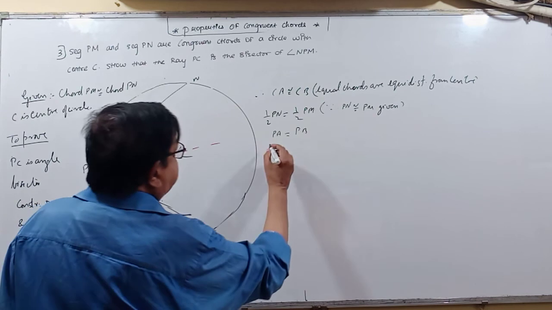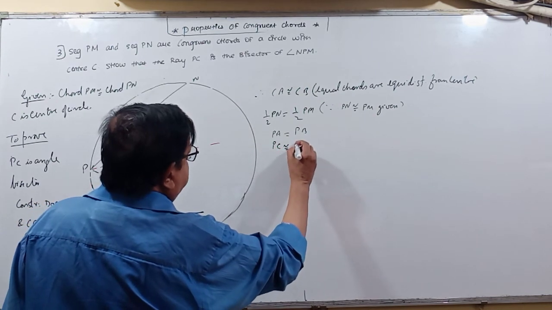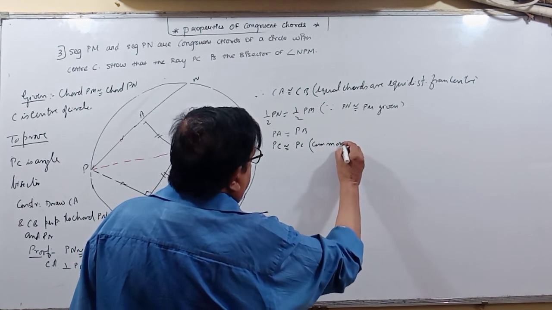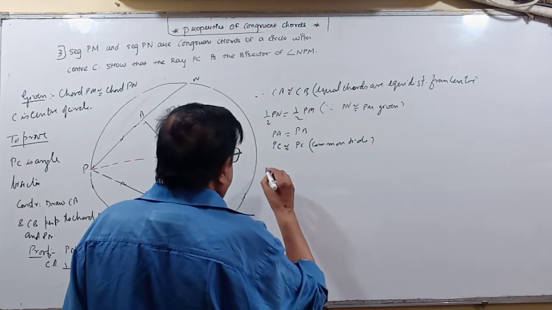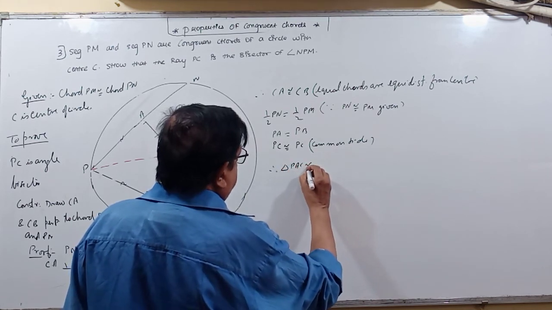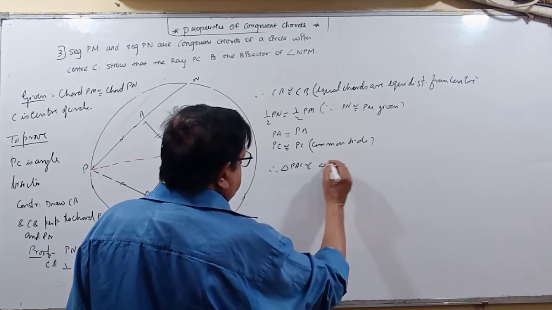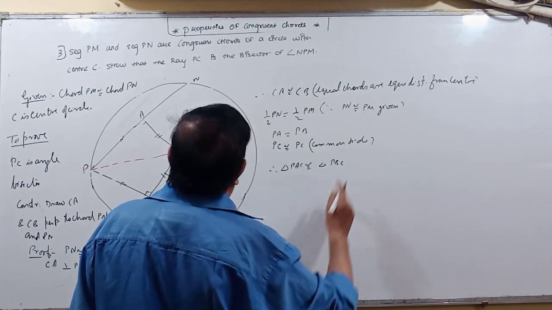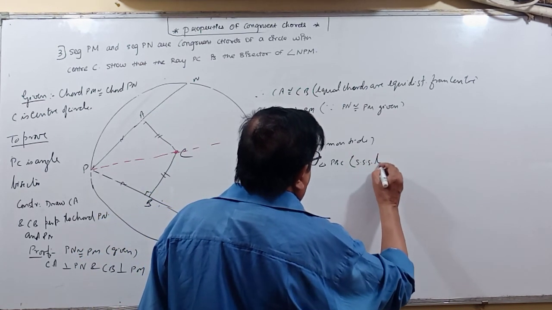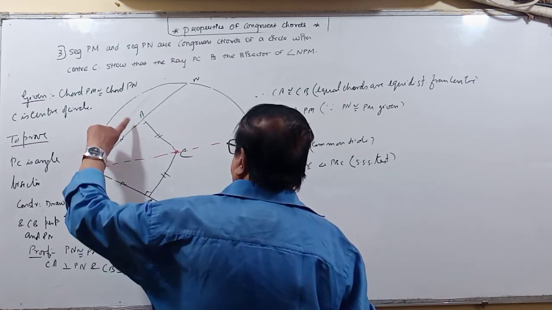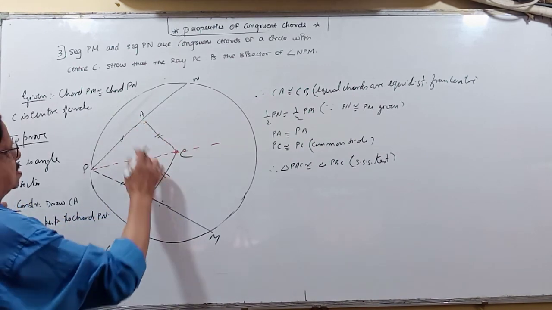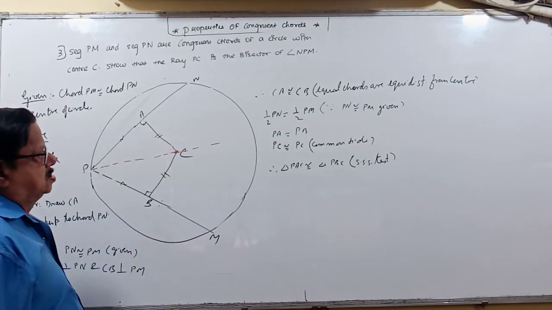PC congruent to PC, common side. Therefore, triangle PAC congruent to triangle PBC. What is the reason? SSS. This is congruent to this, this is congruent to this, and this is congruent to this. SSS.